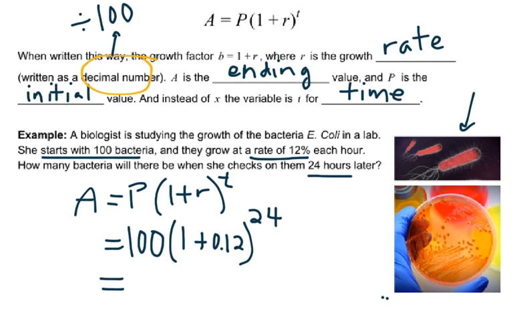So I'm going to type 100 parentheses 1 plus 0.12 close parentheses, and then to get the exponent, if you're using a TI-30X, you need to use that up button to get into the exponent, and then 24, press equals, and you should get 1,517.862893, etc. But since we're talking about bacteria, do we really care about all those decimal places?